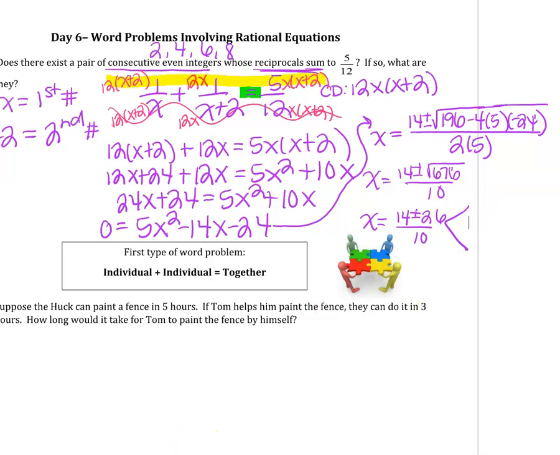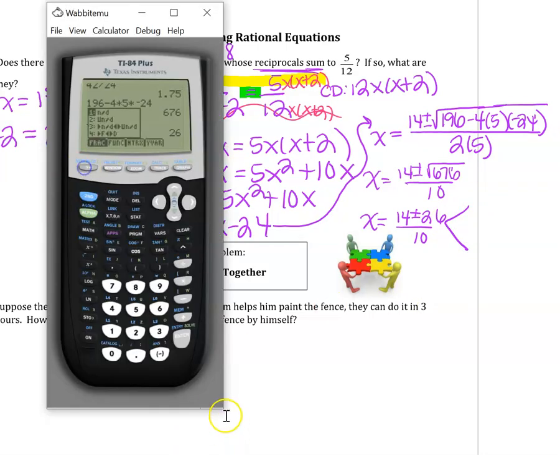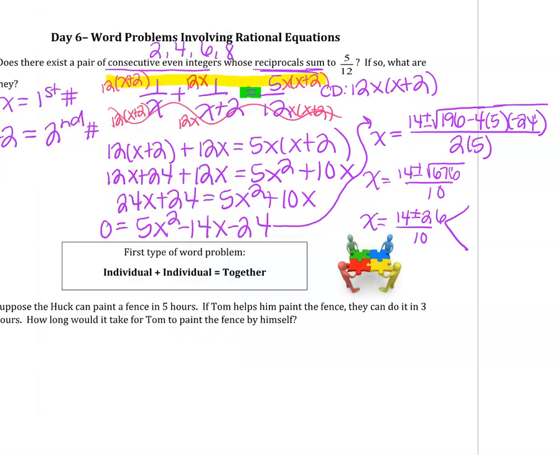All right, let's figure out our two solutions. So I've got 14 plus 26 divided by 10. And remember, we do the same thing, but then minus. All right, so I'm getting 4 and negative 6/5.